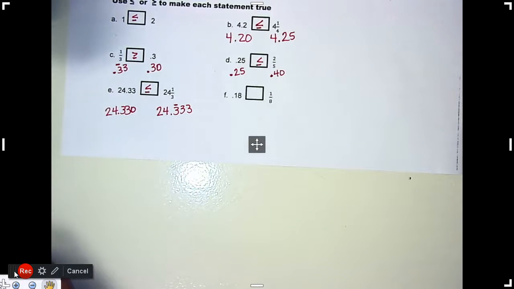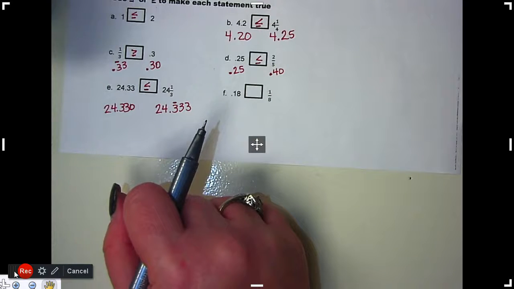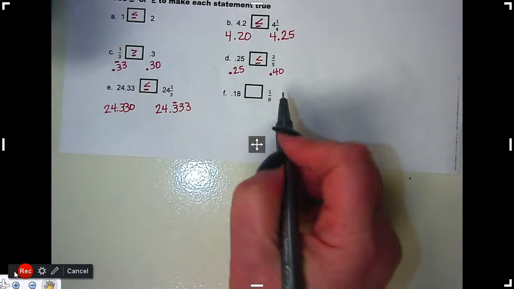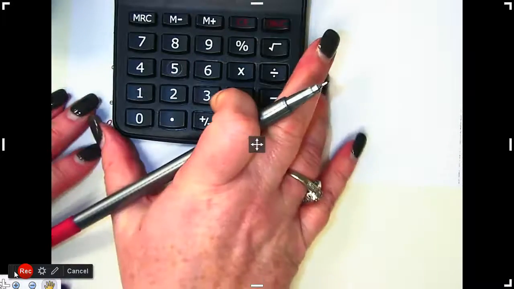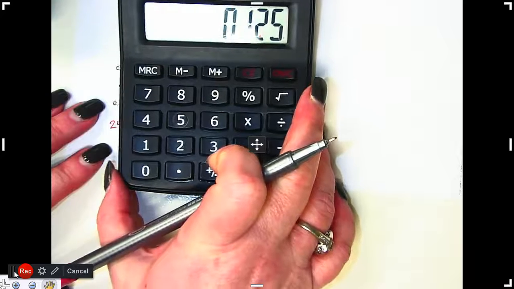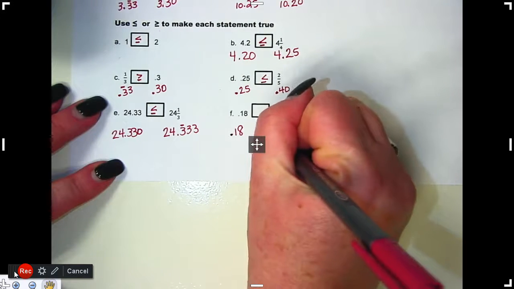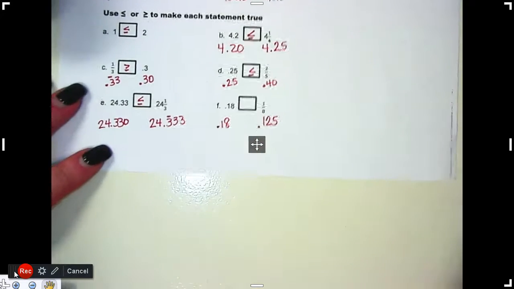All right. 18/100 and 1/8. Are those the same? I need to do what here? Divide. 1 divided by 8, and I get 125,000. So 18/100. 1, 2, 5.